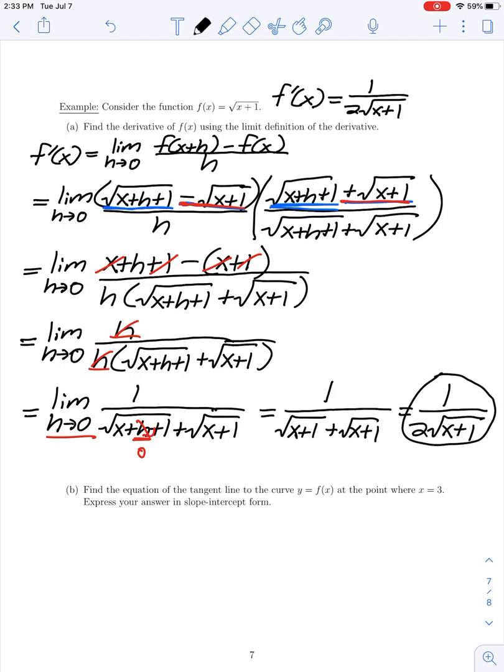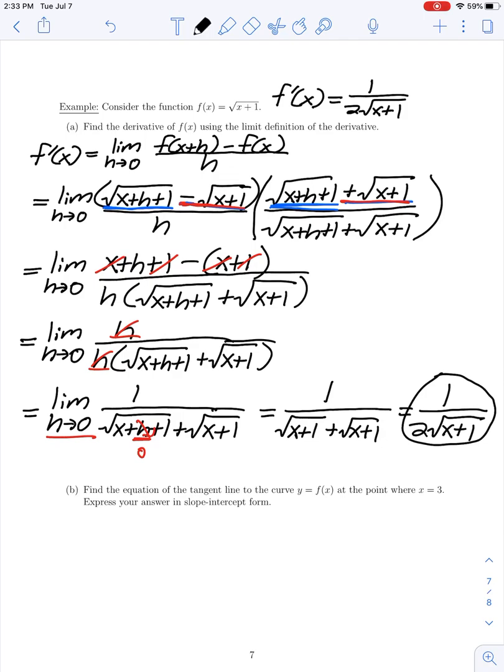So we have the following value for f prime of x. So here in the case when we start involving square roots, this limit definition of the derivative becomes a little more difficult because we have to use this rationalization technique.